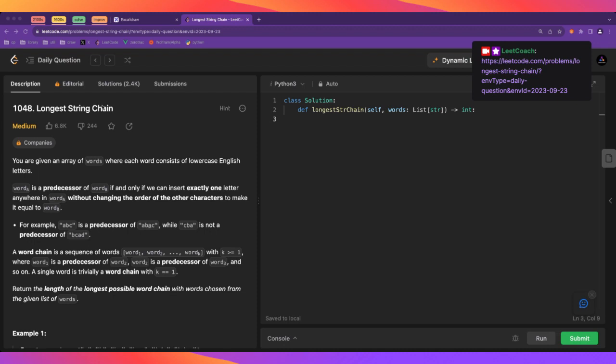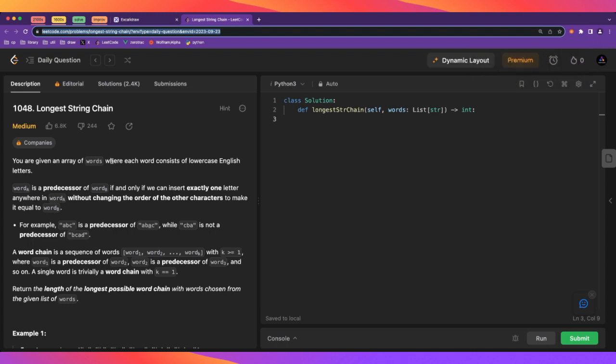So the problem is called longest string chain. We're given an array of words where each word consists of lowercase English letters, and word A is a predecessor of word B if and only if we can insert exactly one letter anywhere in word A, without changing the order of the other characters, to make it equal to word B. For example, here we have ABC, which is a predecessor of ABAC because we have inserted an A here between the B and the C, while CBA is not a predecessor of BCAD, and that is because we changed the order.